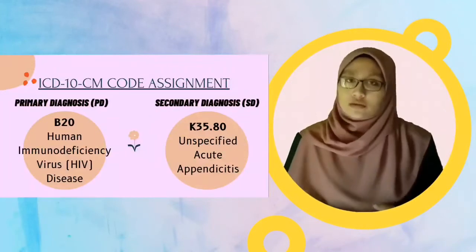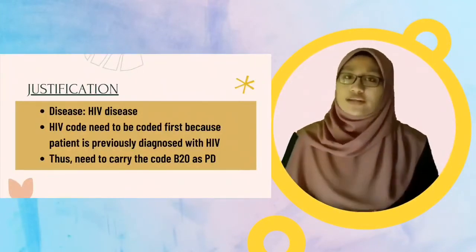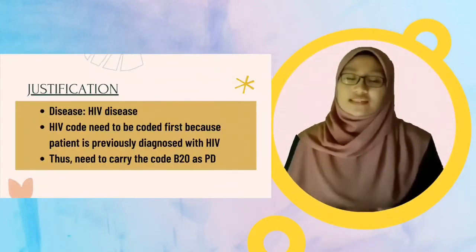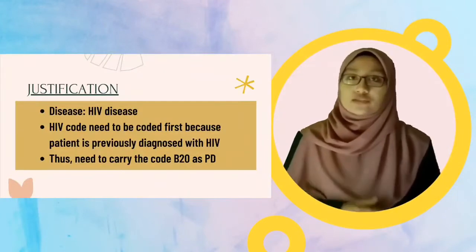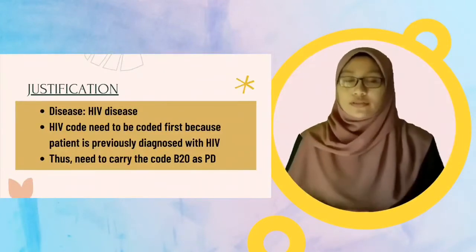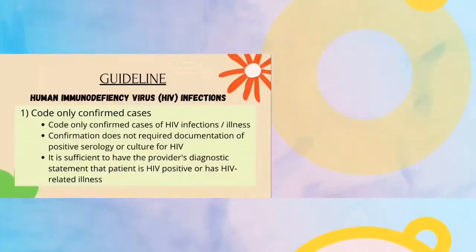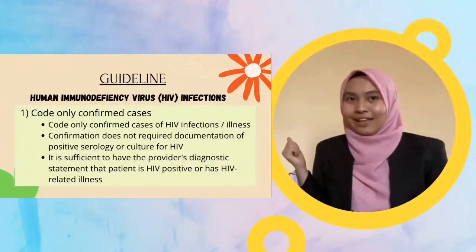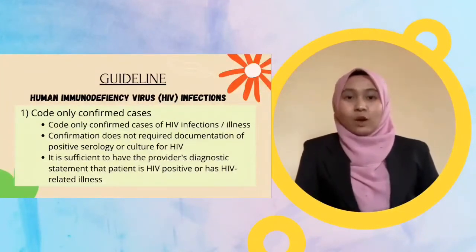Why did we choose those codes? In this case, the HIV code needs to be coded first because the patient was previously diagnosed with HIV. So, he needs to carry the B20 code as the primary diagnosis, PD. The guideline for this case is human immunodeficiency virus HIV infections, which is to code only confirmed cases.